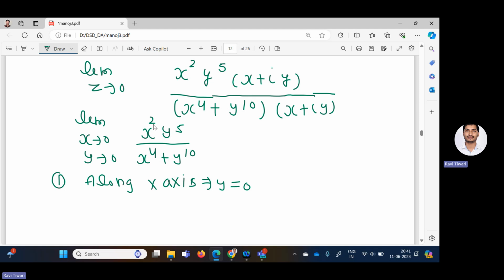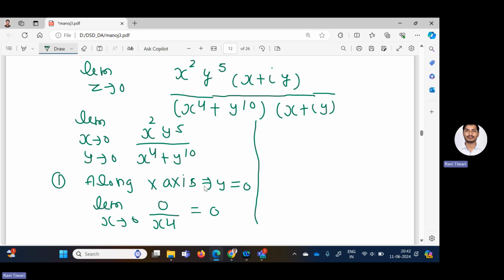So y 0 means again you get numerator 0. So you will get limit x tends to 0, 0 by x power 4 plus y is 0, so this also you will get 0. So along y equal to x, along y equal to x square, along y equal to x cube, along all the paths you will get limit 0.